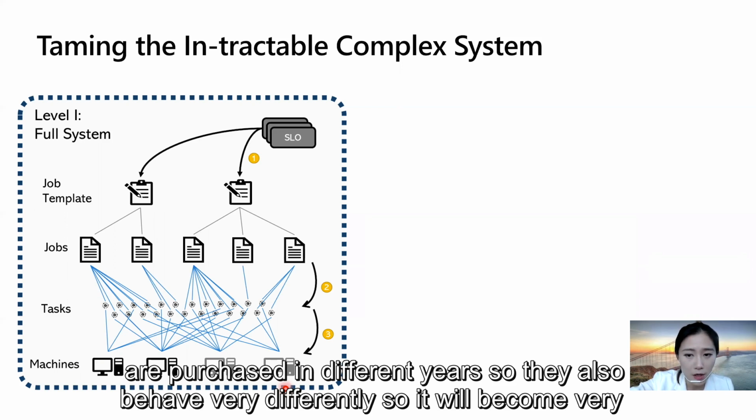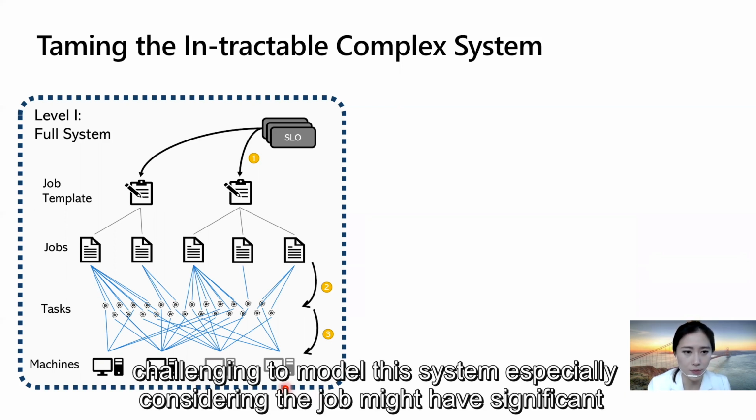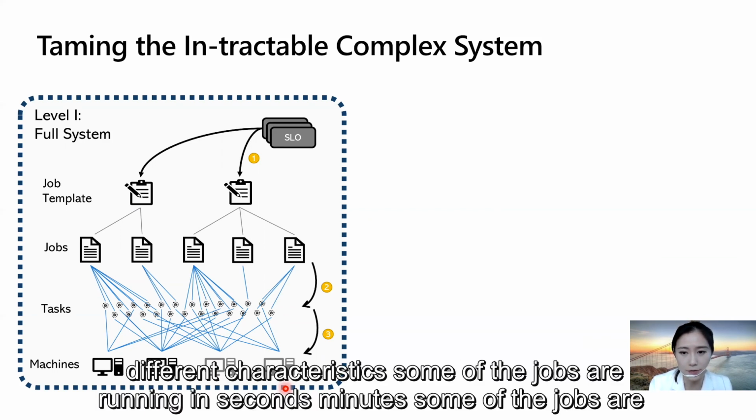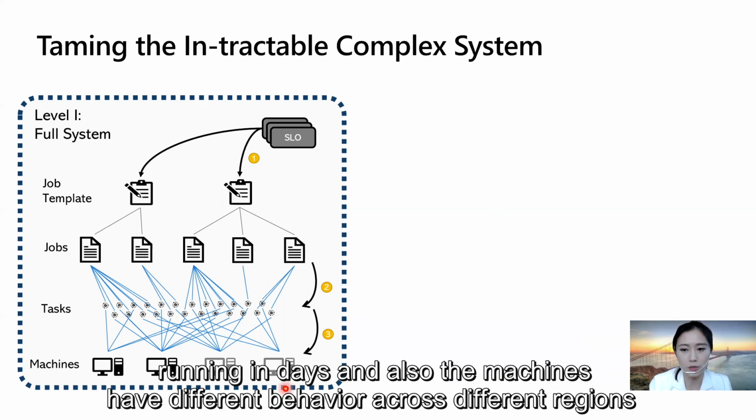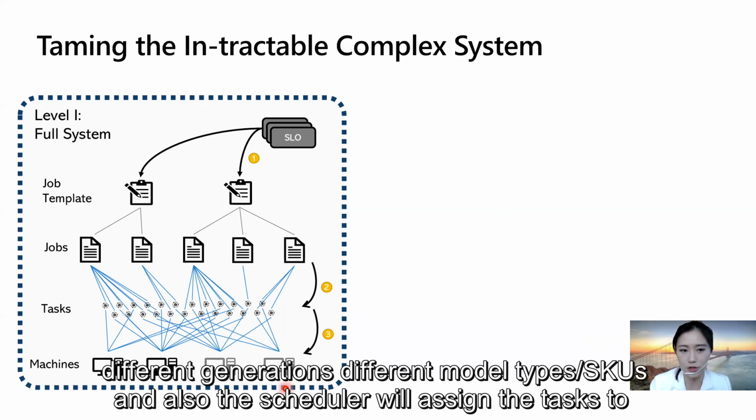So it becomes very challenging to model this system, especially considering the jobs might have significantly different characteristics. Some of the jobs run in seconds or minutes, some of the jobs run for days. And the machines also behave differently across different regions, generations, and model type SKUs.